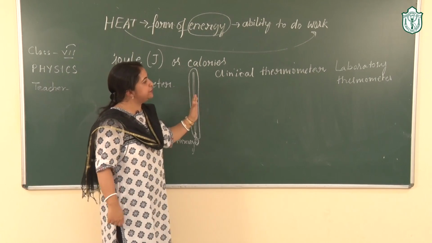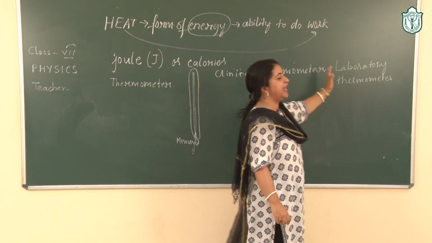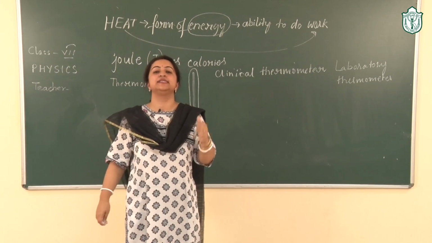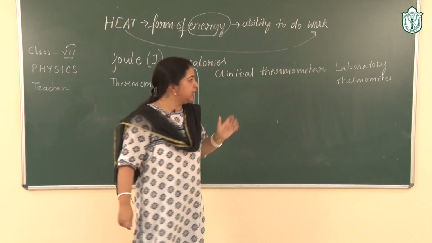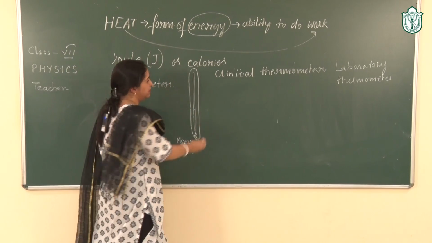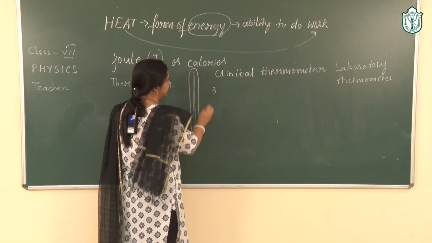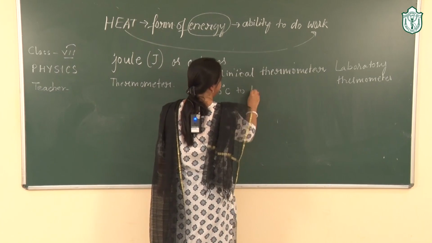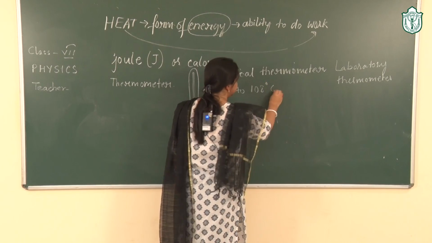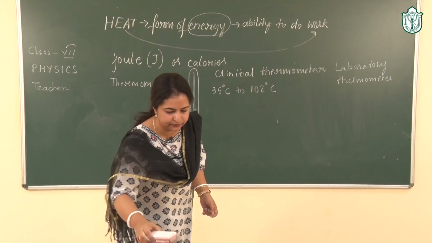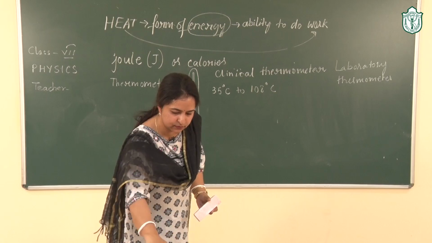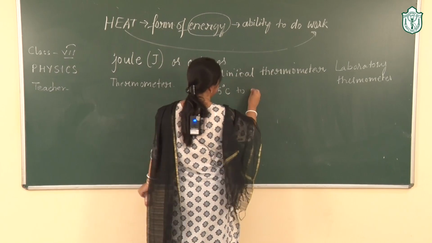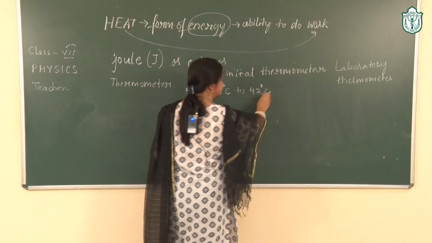Now, the basic difference between clinical thermometer and laboratory thermometer. Clinical thermometer is also known as the doctor's thermometer. It is used for measuring temperature within the range of 35 degrees Celsius to 42 degrees Celsius.